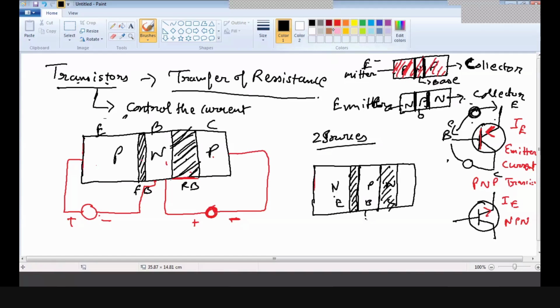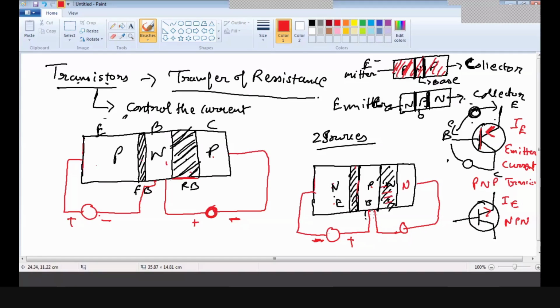So how will I connect the battery here now? This is N type, so I need to make it a forward biased junction. So here I will connect negative and here I will connect positive. Then also here, this is N type, this is P type, so this should be a reverse biased junction.